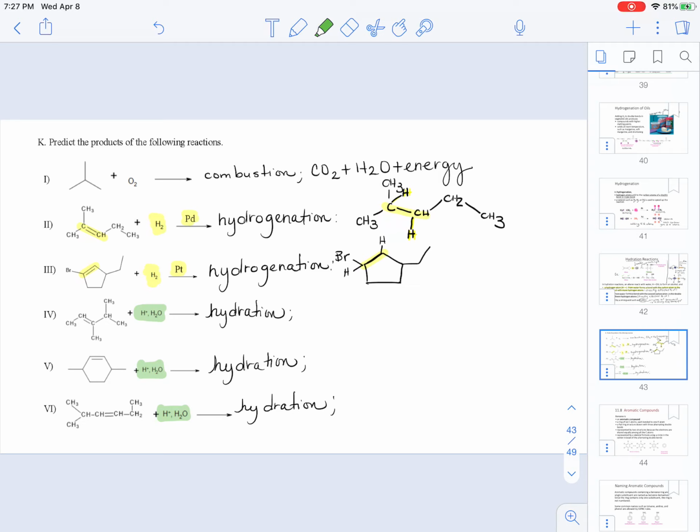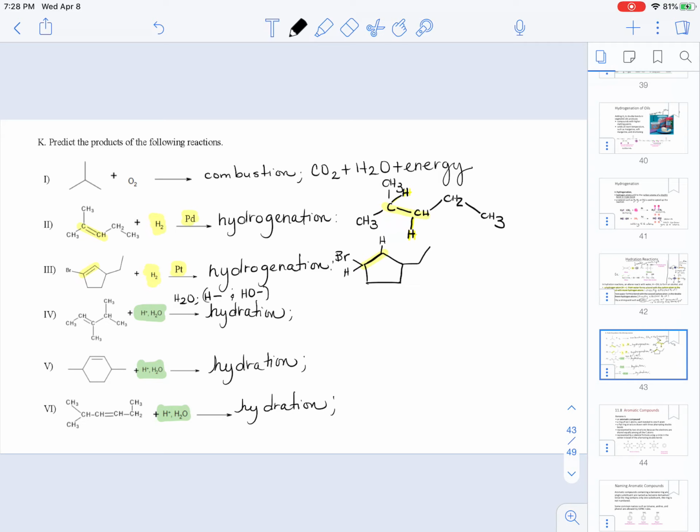Then in a hydration reaction, remember, we have to think of water as a molecule that is going to donate an H and is going to donate an OH.